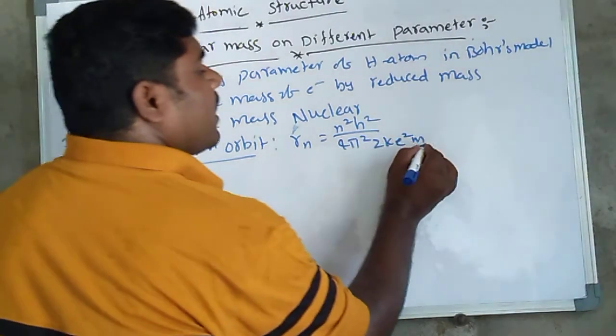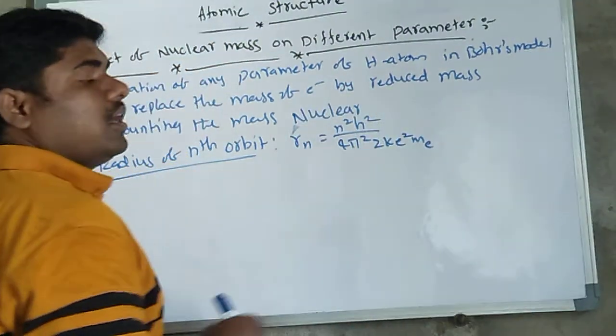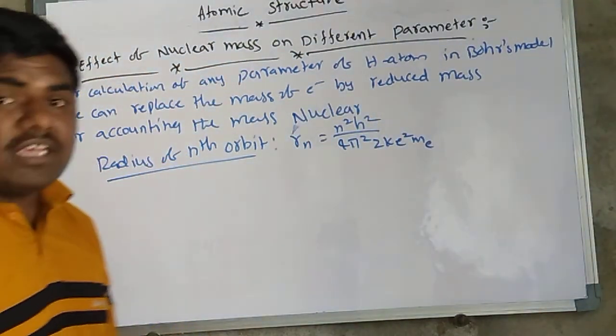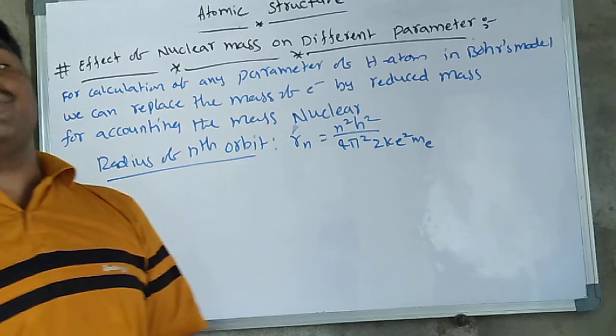This m is nothing but the electron mass. This mass is replaced by the reduced mass.